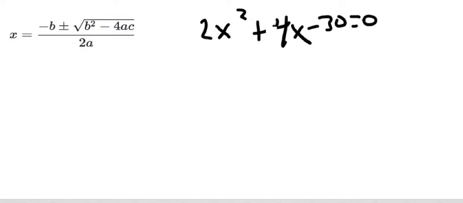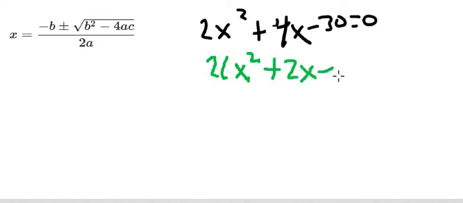So if I factor out a 2, I have 2 times x squared plus 2x minus 15 equals 0. So from there, I want two numbers that multiply to negative 15 and then add up to be a positive 2.